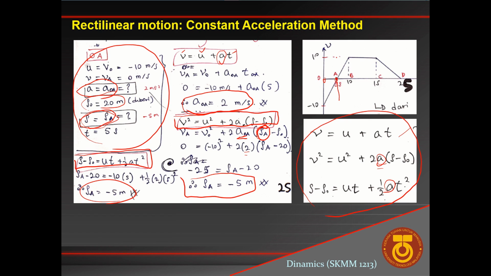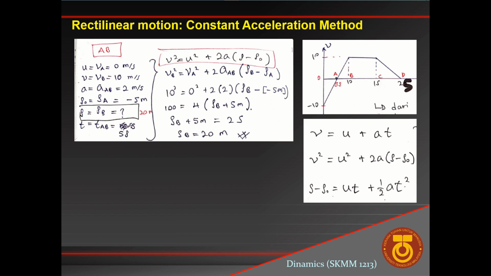Now we already know that the a right here, from here we already know a is 2, so we can directly go to AB and put a equal to 2 from there. So for AB, I can use this equation, because now the a is already known. The thing that I want to calculate now is only the displacement, because a is already known as 2.